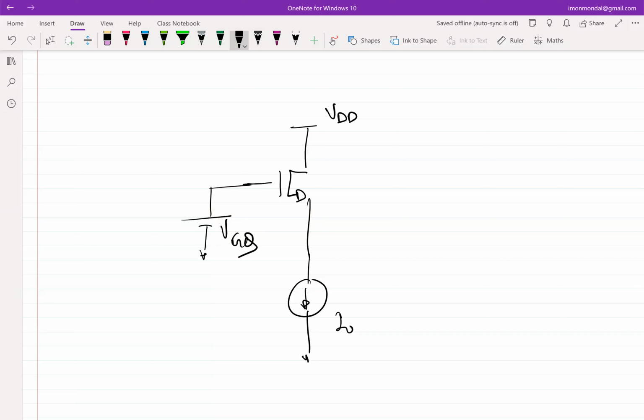How do I know it's a very good current source? For low values of R, then the current is safe. Okay, that's fine. That's true.